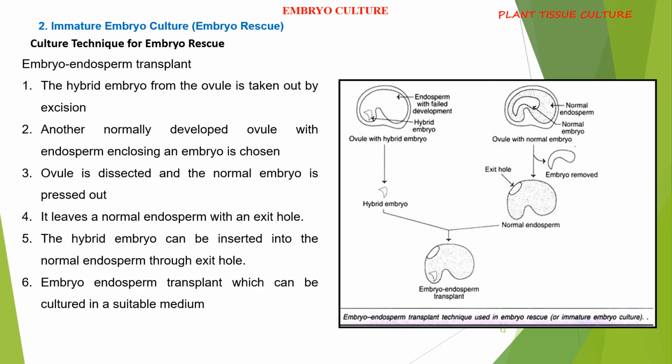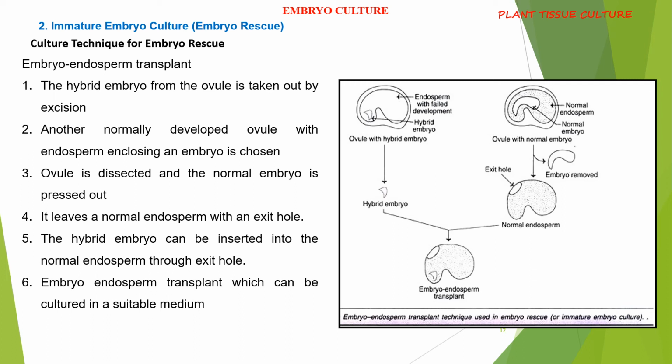Embryo endosperm transplant in case of embryo rescue techniques. Here, first the seeds or the ovules with the hybrid embryo are taken and the embryo is carefully excised out. Another healthy, normally developing ovule with the endosperm and the embryo is selected.